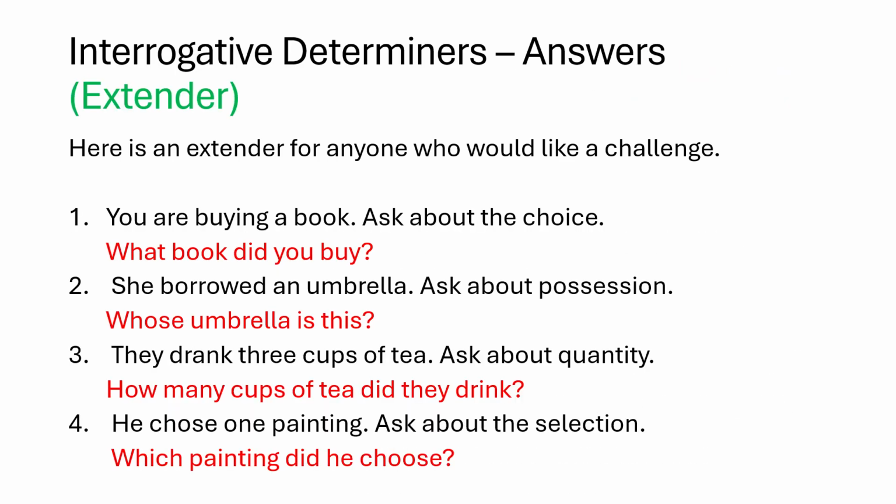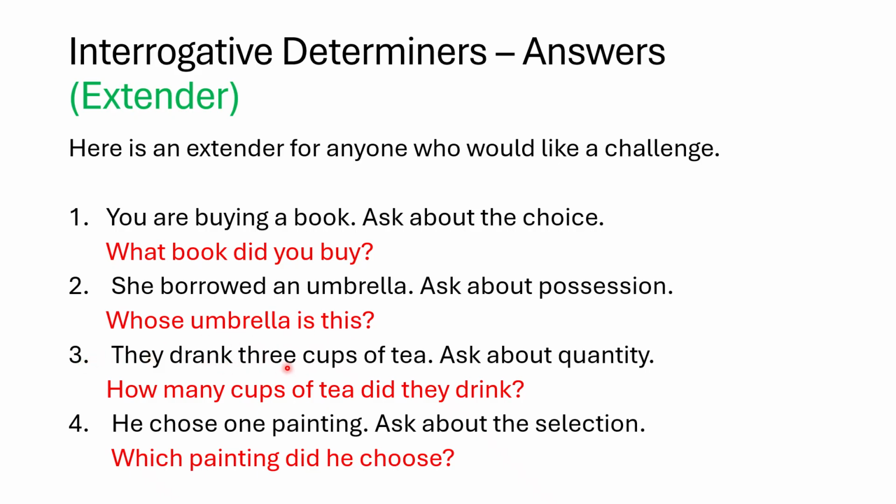Check your answers. 1. You are buying a book. When you ask about the choice, the question could be, what book did you buy? 2. She borrowed an umbrella. When you ask about possession, the question could be, whose umbrella is this? 3.